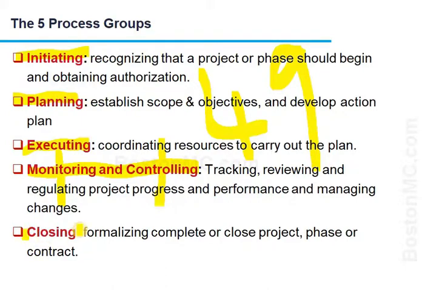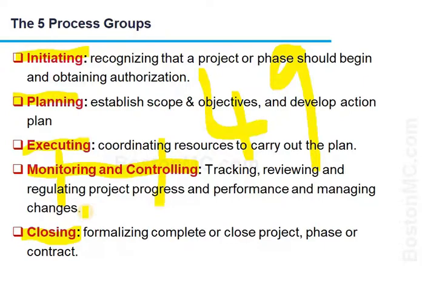And finally, there's one or two processes that are related to closing, and those have to do with closing a phase or closing procurement activities, or closing contracts, or closing out the project. So at some point the project does need to come to a close, and the processes that would be related to that are the closing processes.